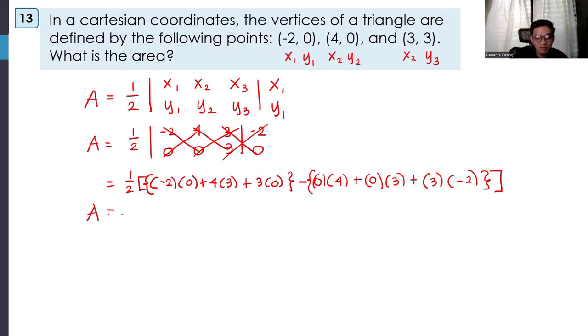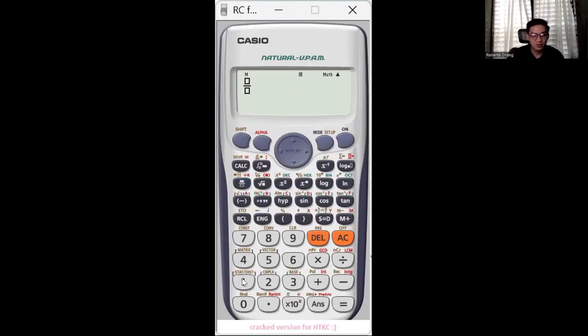So, we will input everything sa ating calculator. We have 1/2 times -2 times 0 plus 4 times 3 plus 3 times 0, close parenthesis, minus, open parenthesis, 0 times 4 plus 0 times 3 plus 3 times -2, close parenthesis.